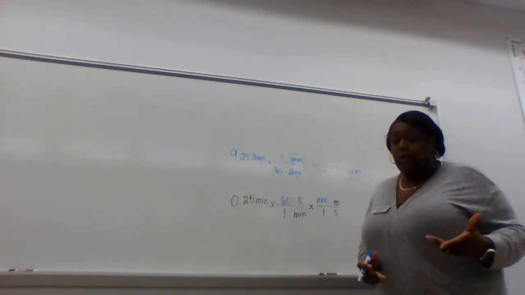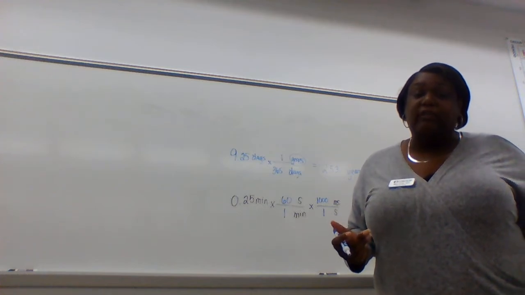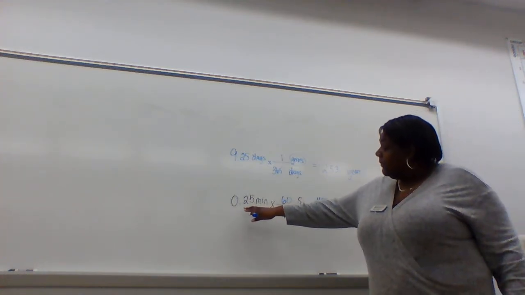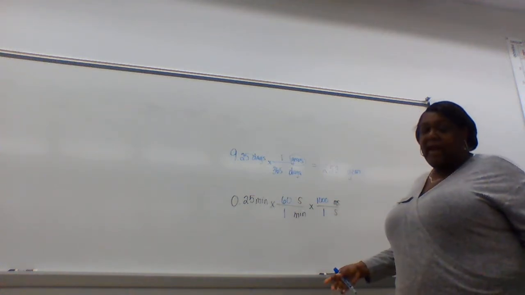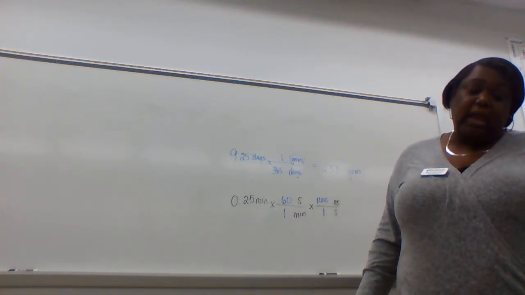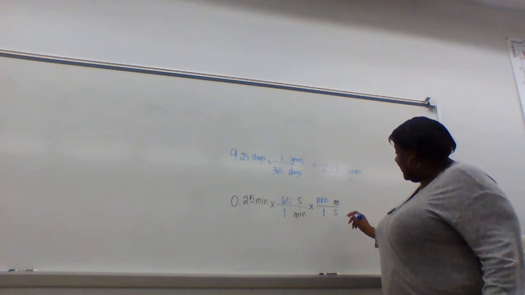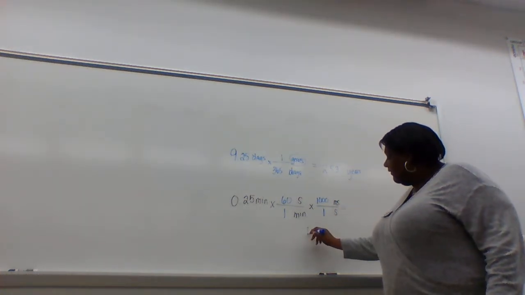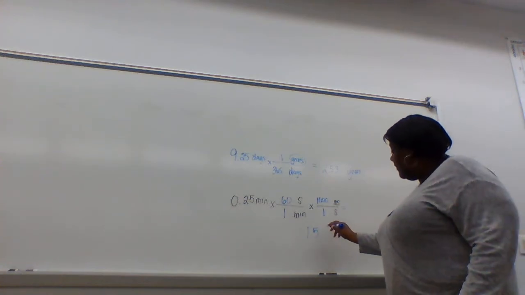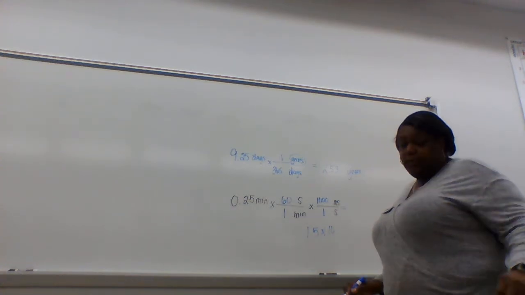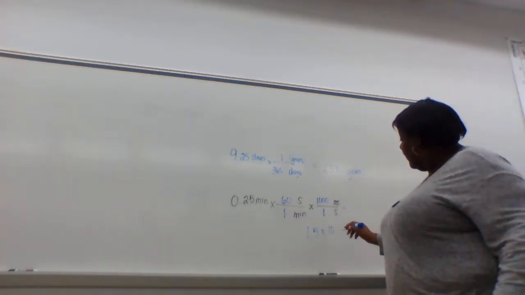All right, and so then again, we would just do the math. I've got to multiply the 0.25 times 60 times 1,000 to find that answer. And when I do, I find that that answer with correct sig figs works out to be 1.5 times 10 to the 4th milliseconds.